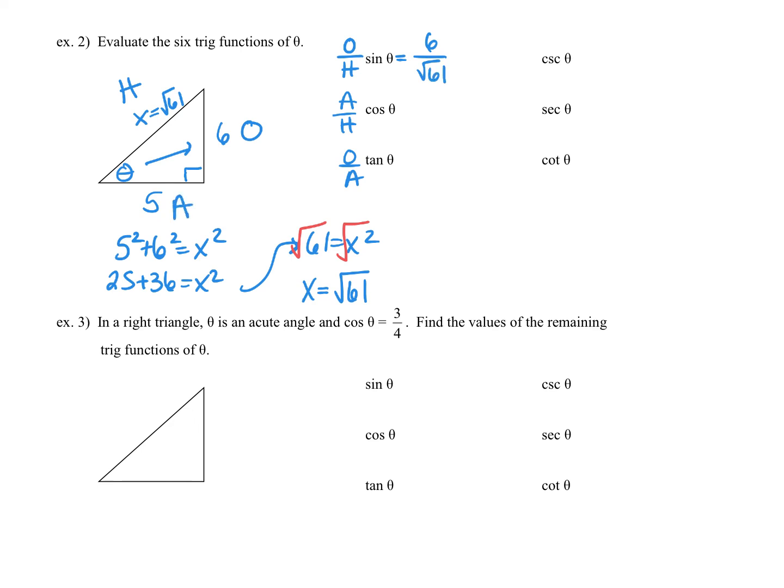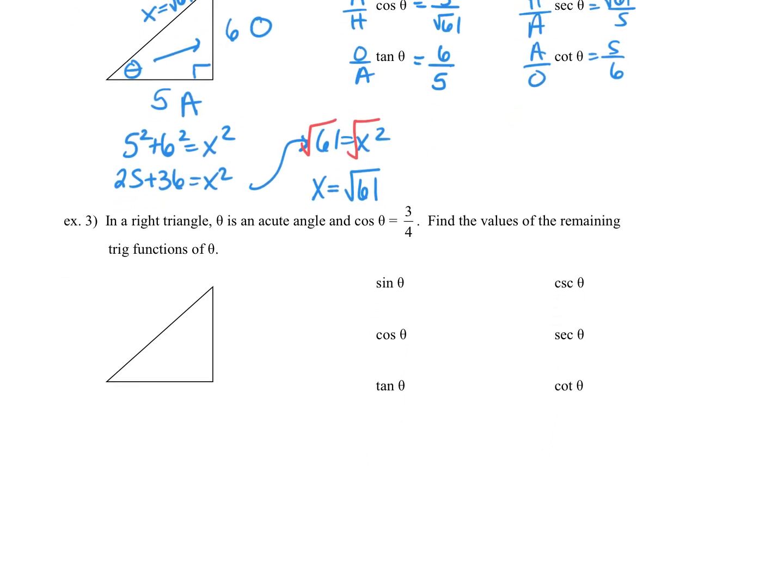Cosine is adjacent over hypotenuse, so 5 over square root of 61. Tangent is opposite over adjacent. Now, cosecant is the reciprocal of sine, so it'd be hypotenuse over opposite. Secant is going to be hypotenuse over adjacent. Cotangent is going to be adjacent over opposite. So this is going to be square root of 61 over 6, square root of 61 over 5, and 5 over 6.